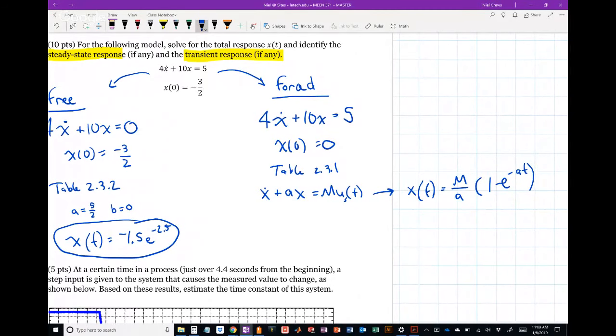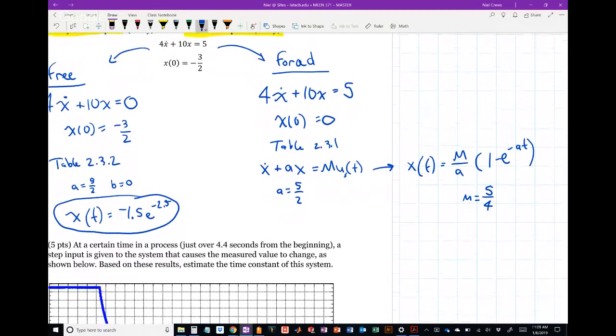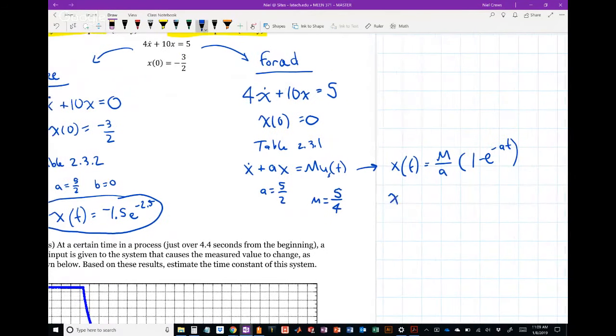Using this, we'll say that a equals 5/2 and m equals 5/4, and that gives us this equation for f of t.